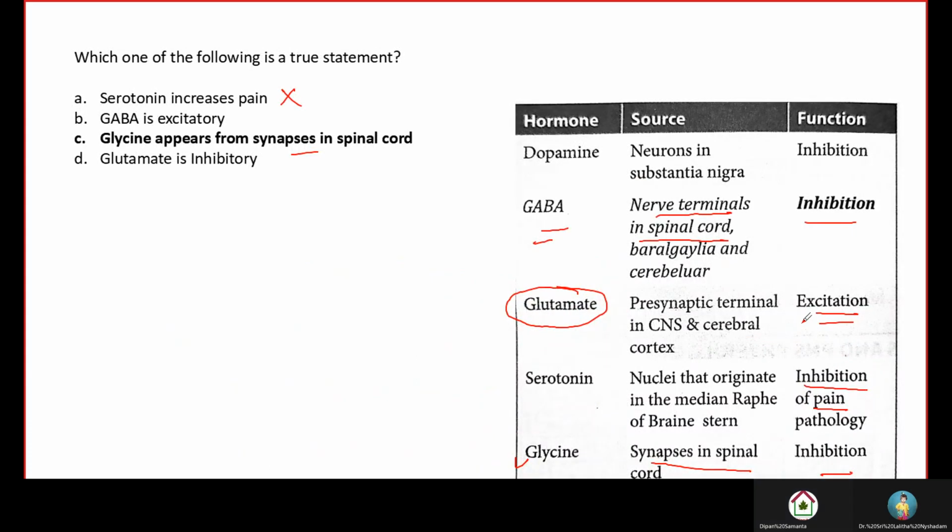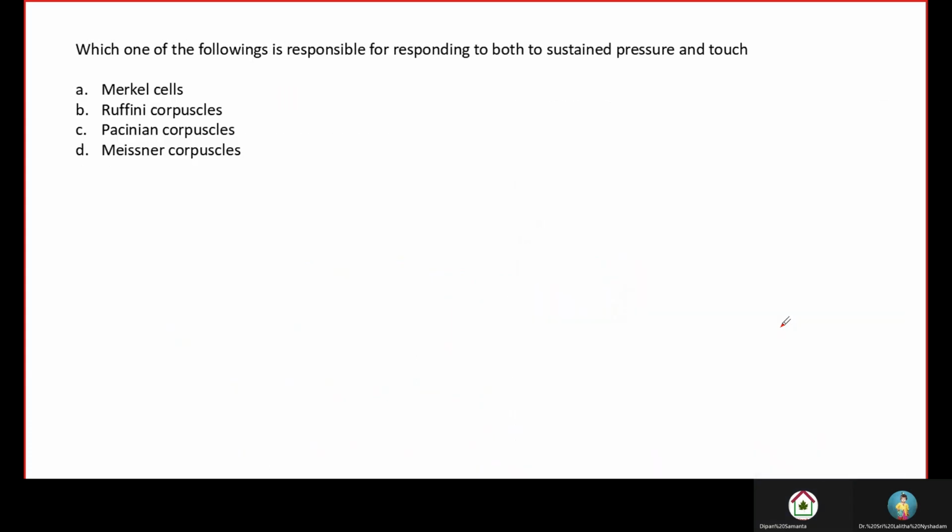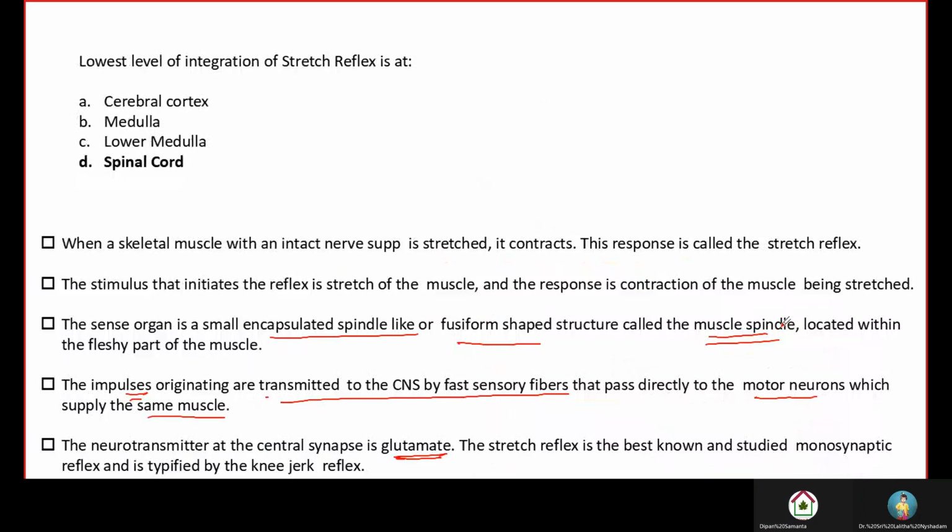Excitatory. The stretch reflex is the best known and studied monosynaptic reflex and is typified by the knee jerk reflex. So the lowest level of integration of the stretch reflex is at the spinal cord.